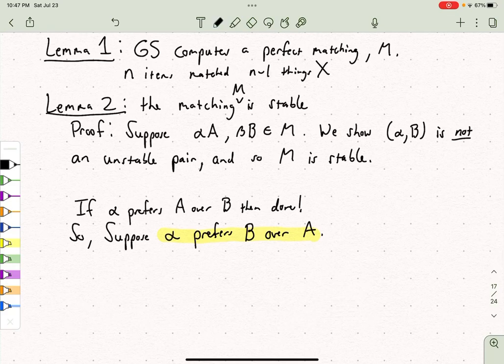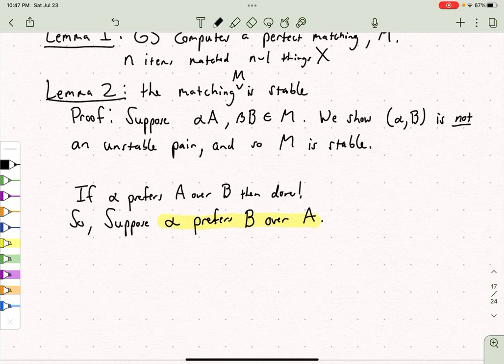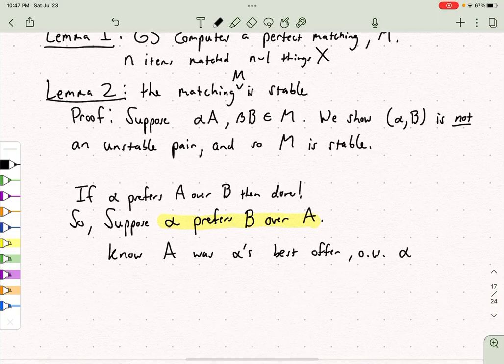So now let's suppose that alpha actually prefers B over A. Based on how the algorithm goes, we know alpha doesn't get a better offer than A. So we know A was alpha's best offer. Otherwise, alpha would have rejected A for something higher in its preference list.